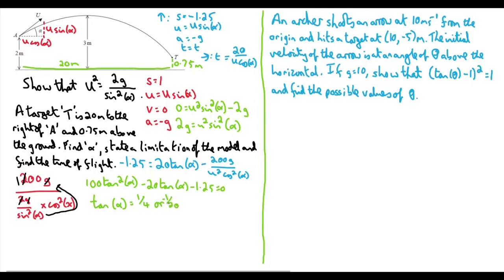But when we then go further to work out what your alpha is going to be, so obviously alpha is going to be the tan inverse of whatever the fraction is here. If you did it with the minus 1 over 20, that would be an unfeasible angle in terms of this scenario. We need it to be an acute angle here, going in the positive, so it will just be the tan inverse of a quarter, which is approximately 14 degrees.